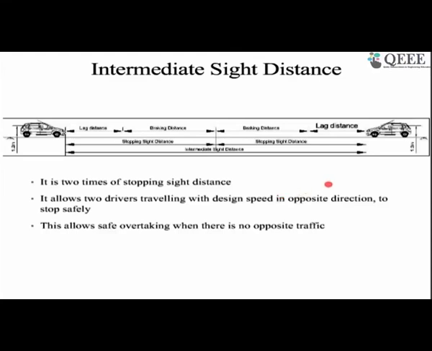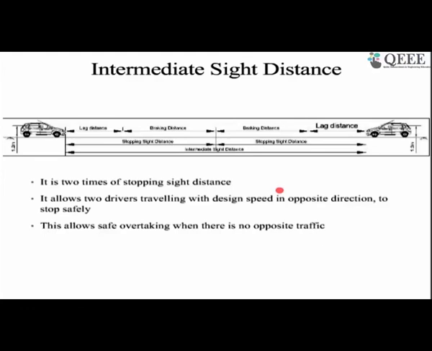The only difference you can consider here is that the object on the other side is also 1.2 meter high, so in both cases it is 1.2 meter. In the stopping sight distance, we consider the object height as 0.15 meter. Now what would be the difference if we consider the object height as 1.2 meter? We don't have a guideline for that. That is why the IRC says that you just consider 2 times the stopping sight distance.